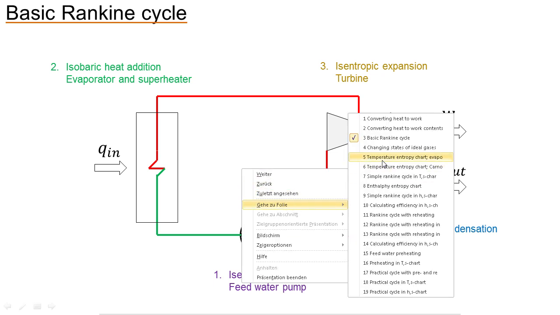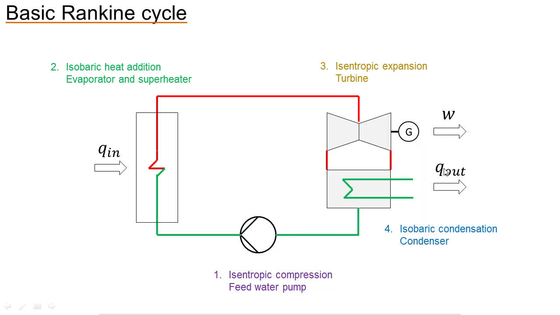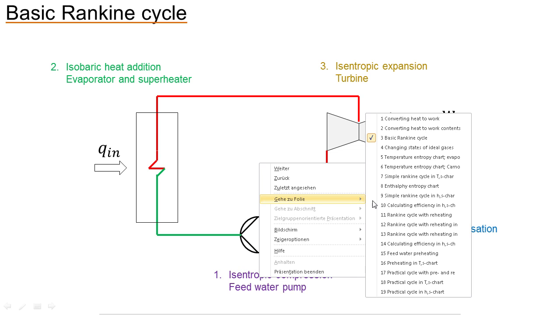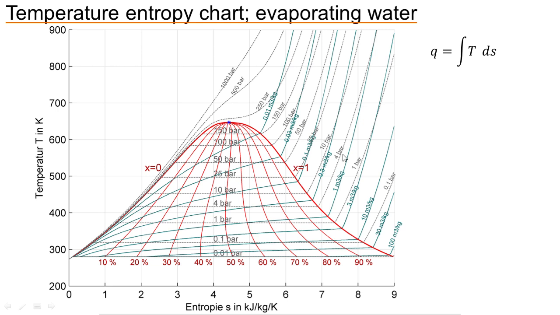So let's get back to this process here. I want to show you how to calculate something about this, so I will show you the temperature-entropy chart now. This is a chart that describes the states of steam, and we draw temperature over entropy here.